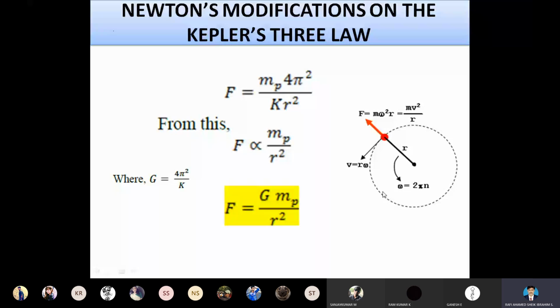So this is Kepler's third law. We have written it as P square directly proportional to A cube.